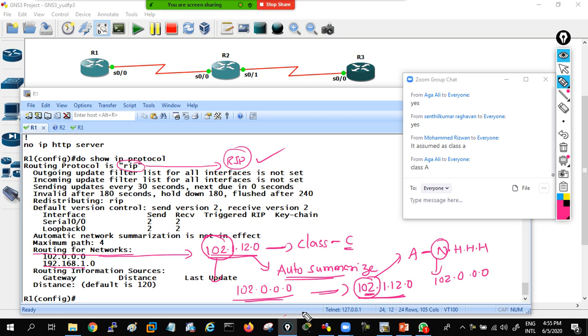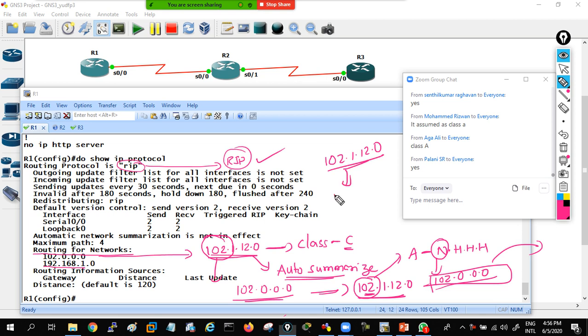Everybody. That's why we said that whenever you are sending this information to the other side, please don't send it as 102.0.0.0. Send it as 102.1.12.0. That's why I said no auto summary. Do you understand, guys? Everybody is okay with this? The logic behind this?